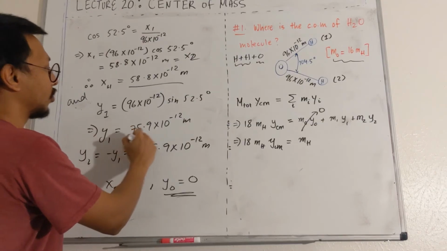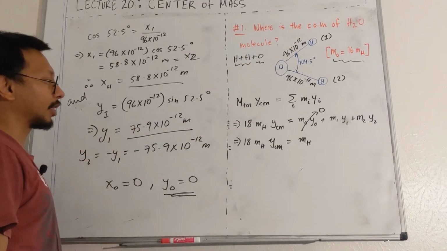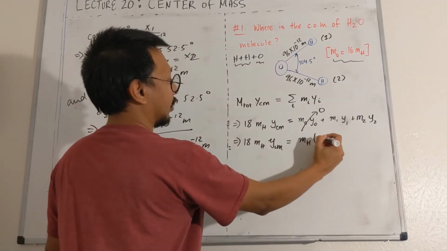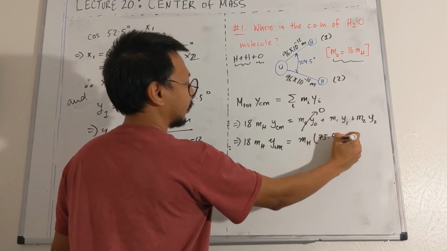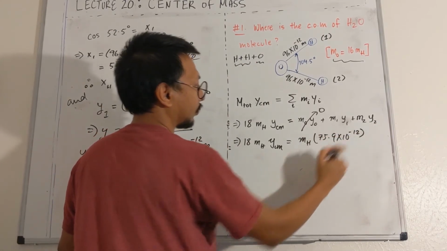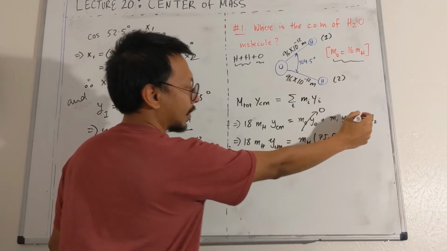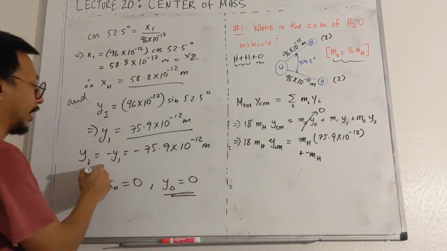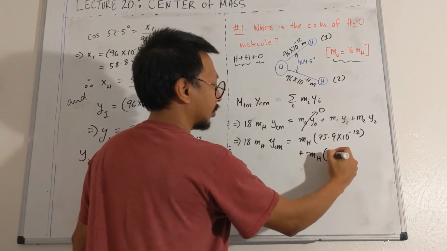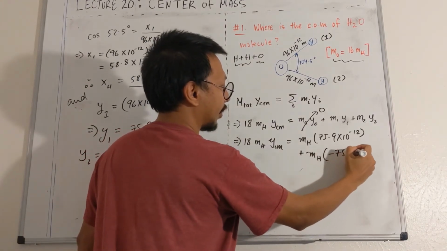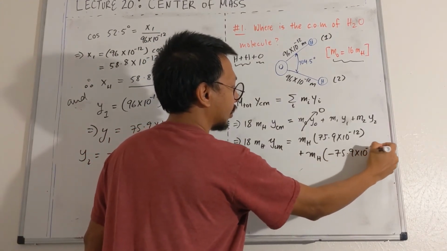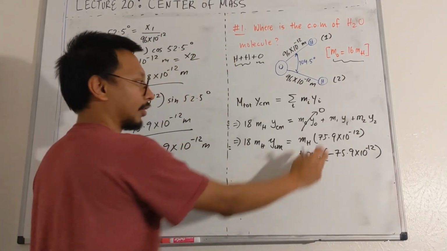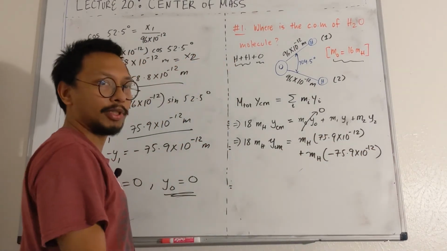y1 is what we found to be here, 75.9 times 10 to the minus 12, plus M2, which is again mH, but y2 is negative y1. So it is negative 75.9 times 10 to the minus 12. They are the same number but of opposite signs.